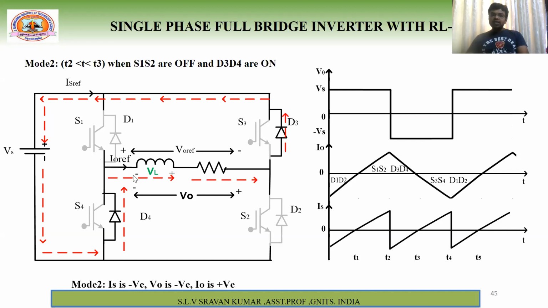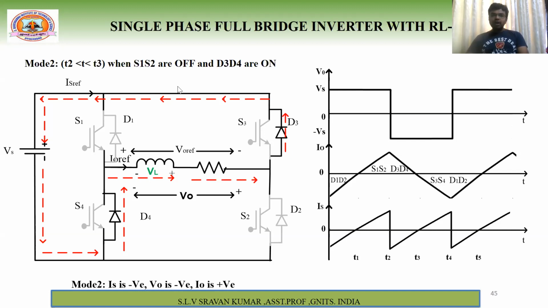The current is flowing opposite to the switch direction: the switch direction is top to bottom and here it is bottom to top. So even if you give the triggering pulses to S3 and S4, they won't turn on. That is the important point we have to identify because of this inductor.